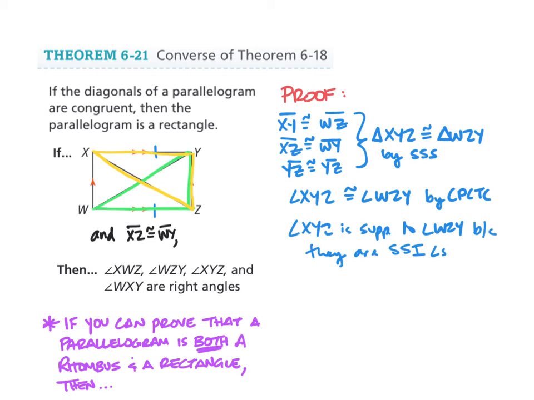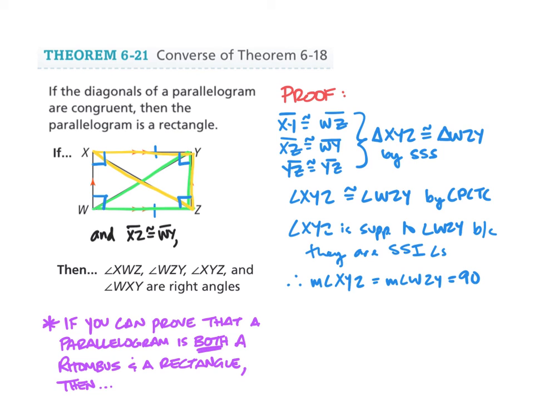And that would tell me that the measure of angle XYZ and the measure of angle WZY would have to both be 90. And now, if this is a 90-degree angle and this is a 90-degree angle and this is a parallelogram, that means this and this, those two angles have to be congruent. So I have a 90-degree angle there, and then the same thing could be said about angle XWZ.